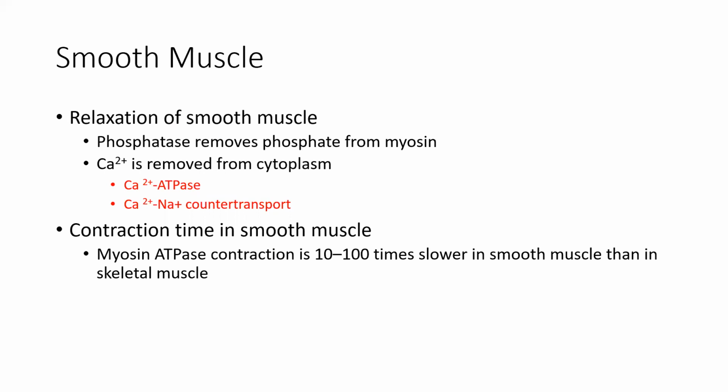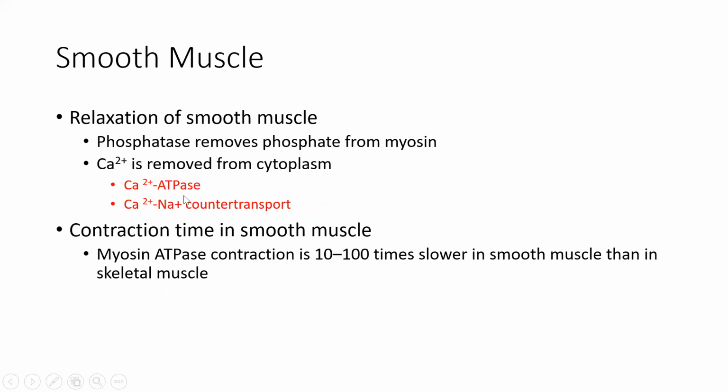Now, this is done via the calcium ATPase pumps that are pumping calcium back into the endoplasmic reticulum, but there's a second pump here that is also removing the extracellular calcium. Remember, we had two sources of calcium, so we not only need to put calcium back into the endoplasmic reticulum, but we can also exchange it on the cell membrane for sodium.